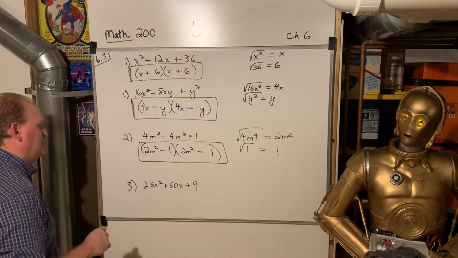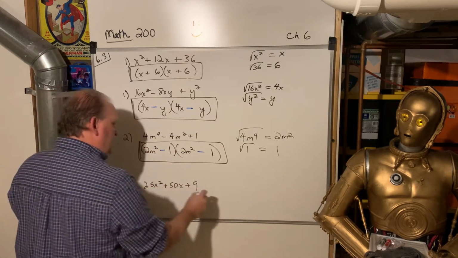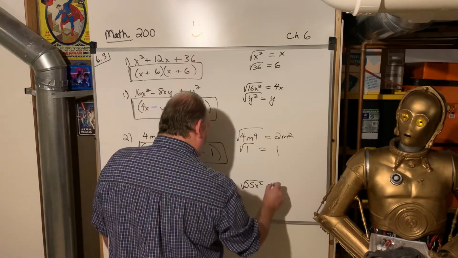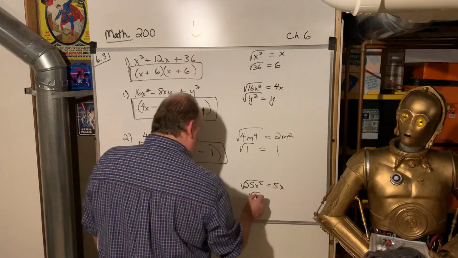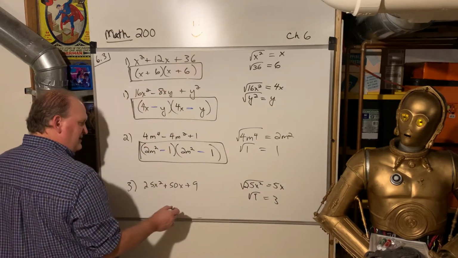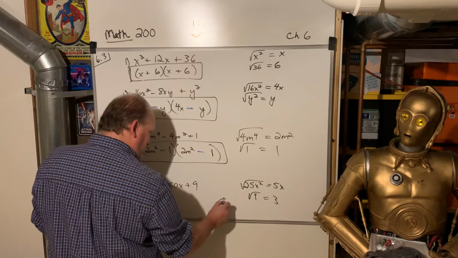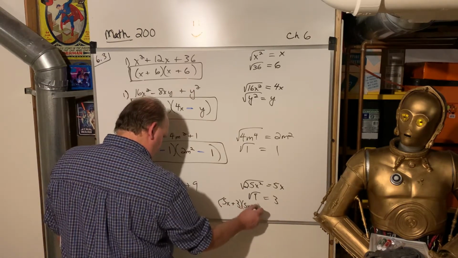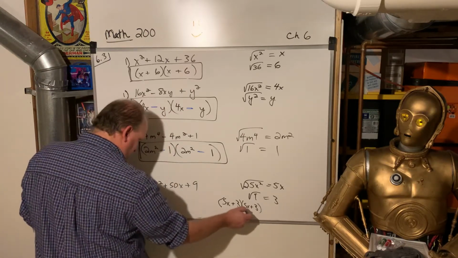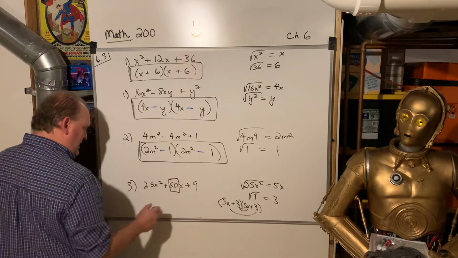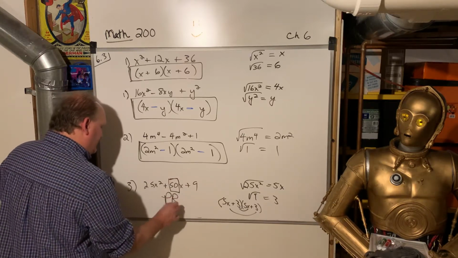And then this one, we do the square root of 25x squared, 5x, and the square root of 9, 3. Except this one they gave us doesn't work, because look, 5x plus 3, 5x plus 3 turns out to be 15x and 15x, which is 30x. That is not a 30, that is a 50. This one is prime.